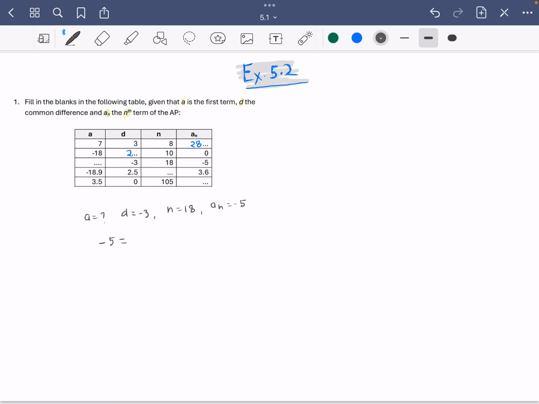We do not know what A is, so let's put it down as A plus 18 minus 1 times D, which is negative 3. So negative 5 is going to be A plus 17 times negative 3. Negative 5 is going to be A minus 51. A is going to be minus 51 plus 5. It's going to be minus 47.